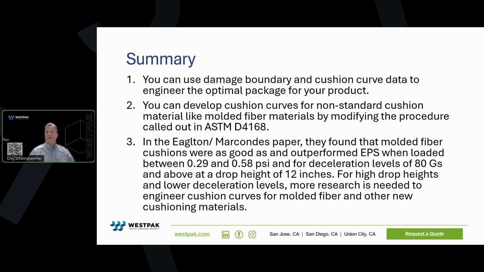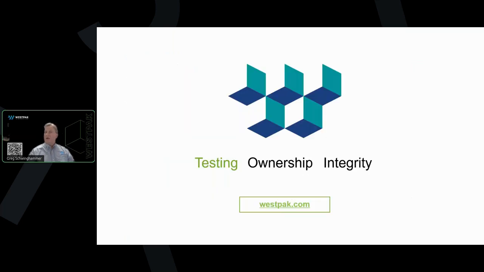For higher drop heights and lower deceleration levels, more research is needed. Like I was saying, engineering of molded fiber and other novel, more sustainable materials would be good to drive sustainability. That's all I had.